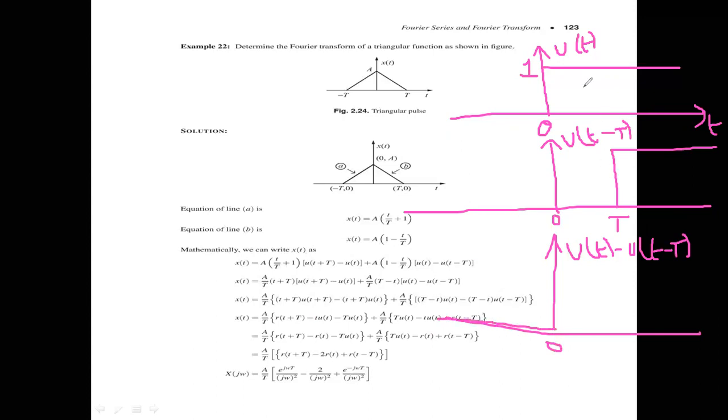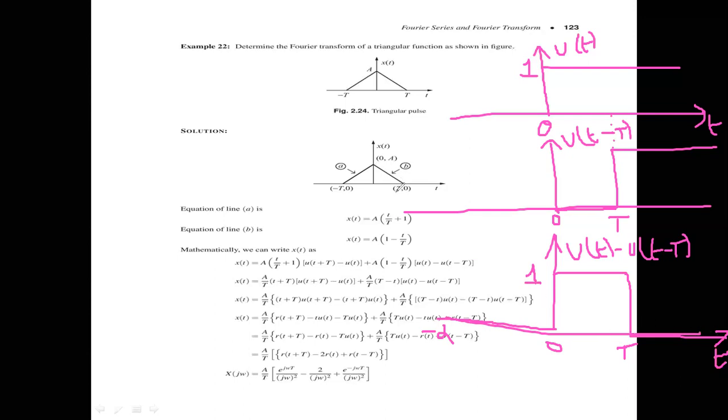Now coming here, mu of t is 1 and mu of t minus T is 0 from 0 to T. Observe here, up to T, mu of t is 1 and this is 0, 1 minus 0, 1. And from T to infinite, 1 minus 1 is 0. From minus infinite to 0 the value is 0, and there is 1 only in between 0 to T, my dear students, and the remaining value is 0 here.